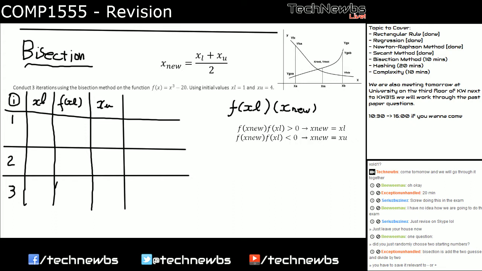And let's do that then. The function. Oh no, we need an x new as well. I mean, it's not too hard, but you just gotta remember these things. So which value goes to xl or xu.